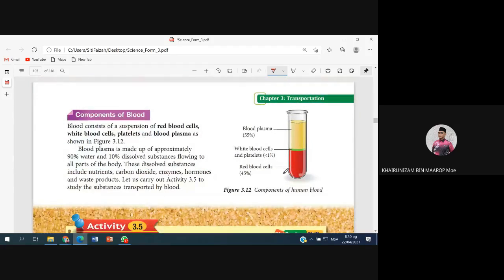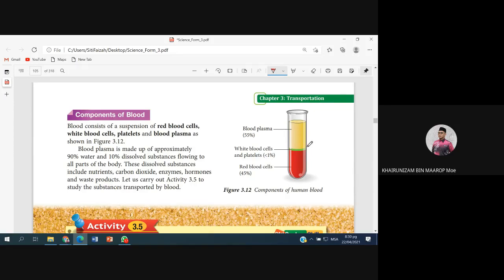The red liquid is actually the red blood cells. That is 45% of the whole blood. And the yellow liquid is actually blood plasma. Blood plasma is 55% of the whole blood.